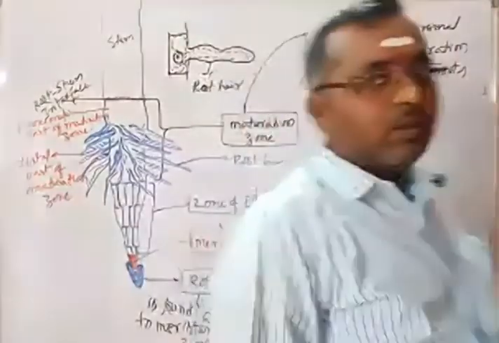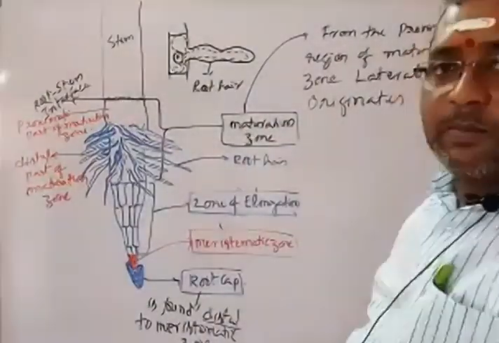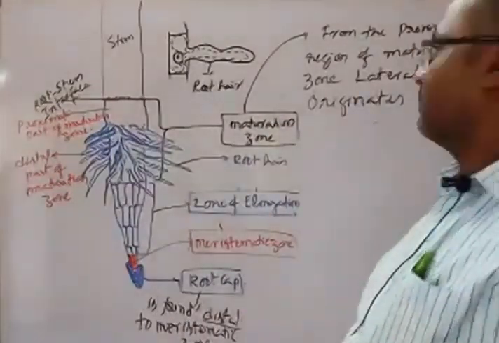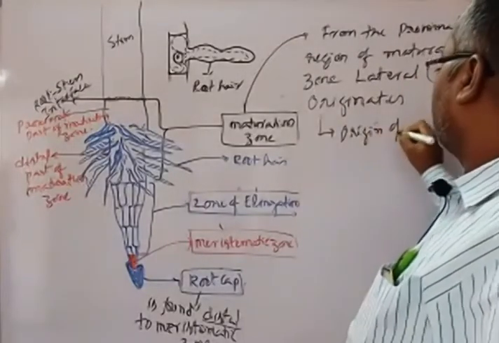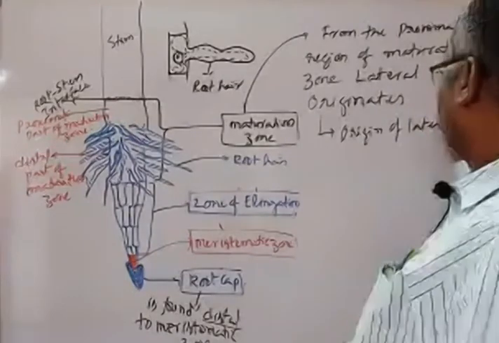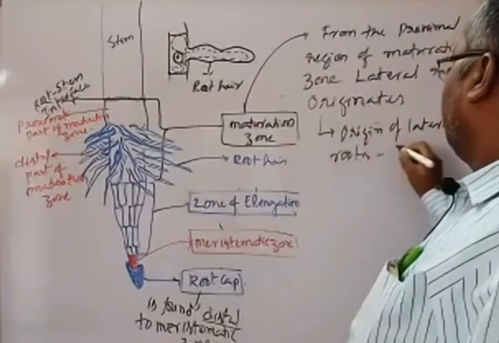So lateral roots also originate from there, the maturation zone only. So the origin of lateral roots is endogenous.